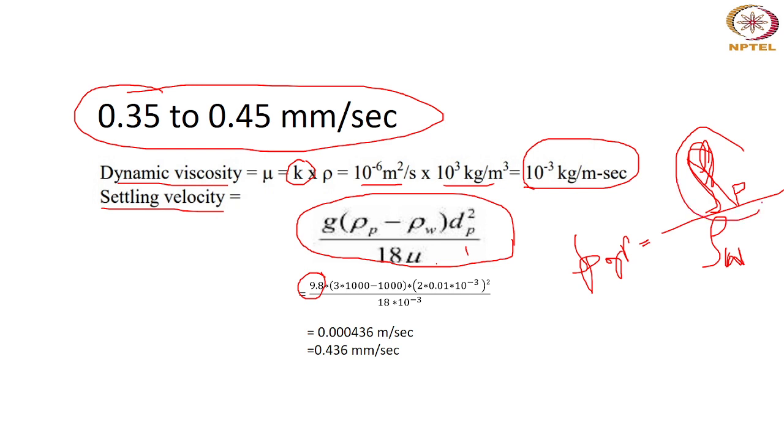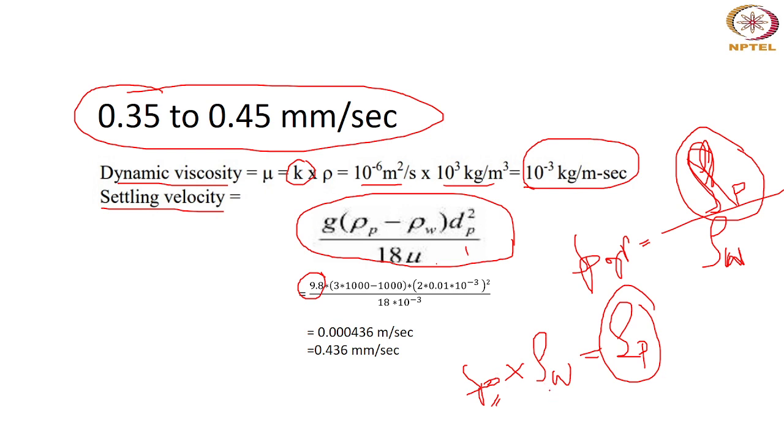So if I want to calculate the density of my particle, rho P, it will be specific gravity multiplied by rho W, right? So rho P is my density. I'm multiplying the specific gravity of that particle with the density of water. So that's what I have done here: 3, the specific gravity, multiplied by 1000. And here only 1000, because this is rho W.